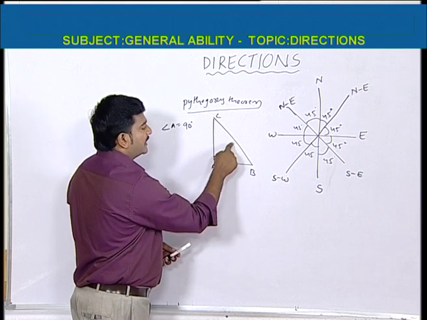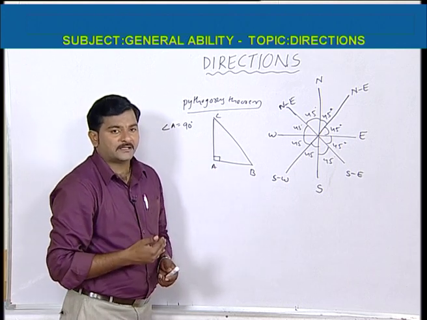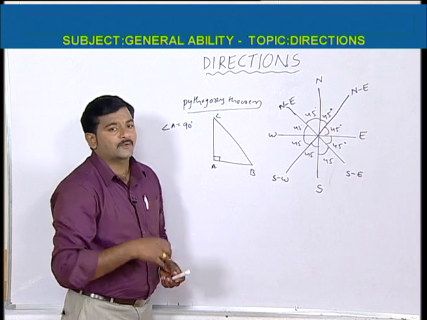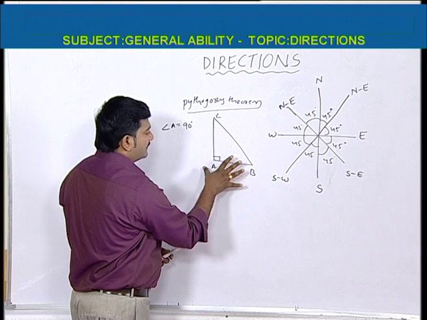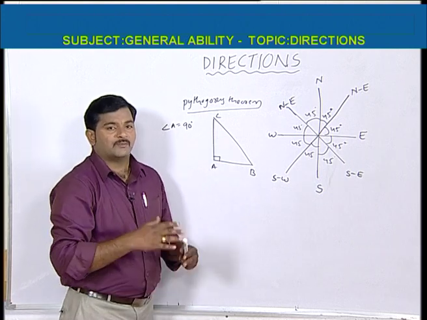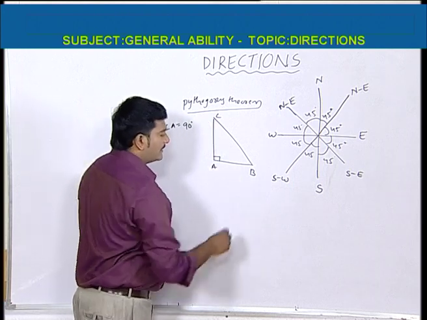Which side is opposite to 90 degrees here? BC is opposite to 90 degrees. So BC is the hypotenuse. What about the remaining two sides? They are AC and AB.